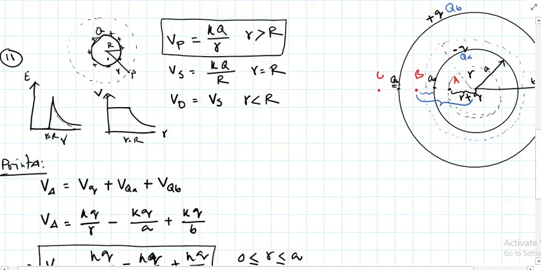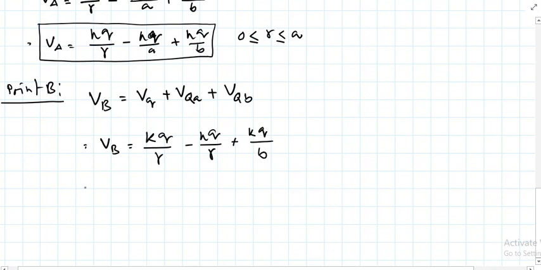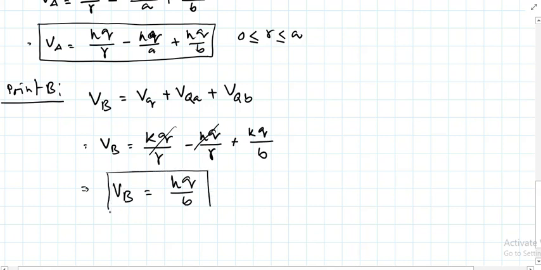So whatever the potential over here, it will be also the same for surface QB. So we write the potential for the surface QB as kq divided by b. Then this is going to cancel out, this one will cancel out, and what remains is kq by b. So this is the potential at point B.